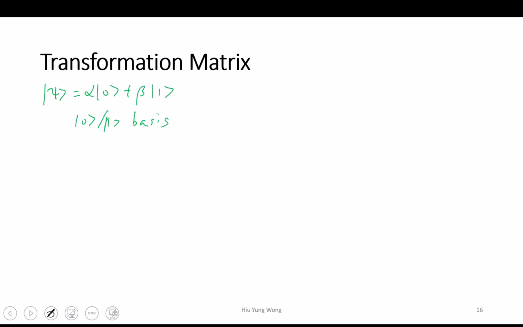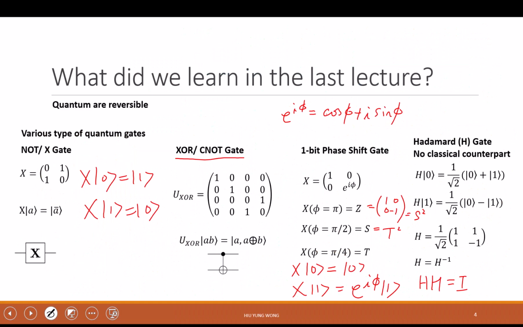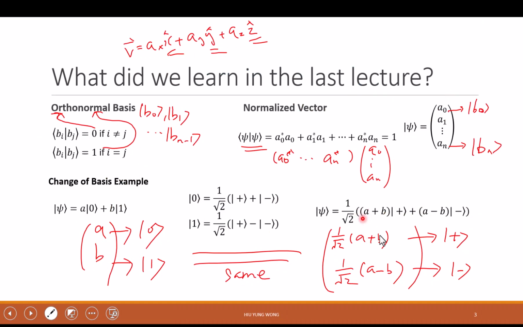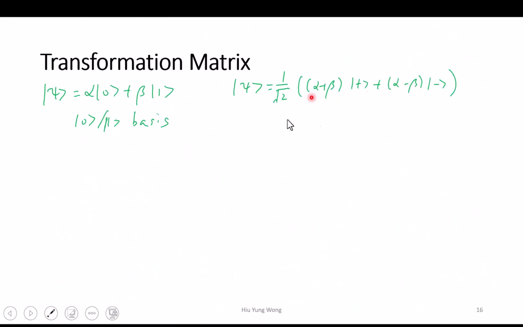I also showed you earlier that I can write it as 1 over square root 2, alpha plus beta, plus, alpha minus beta, minus. Let me check, I actually don't have a cheat sheet for this one. So like this: 1 over square root 2, alpha plus beta in plus, and alpha minus beta in minus.